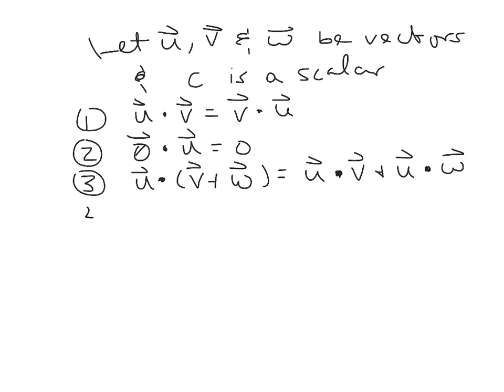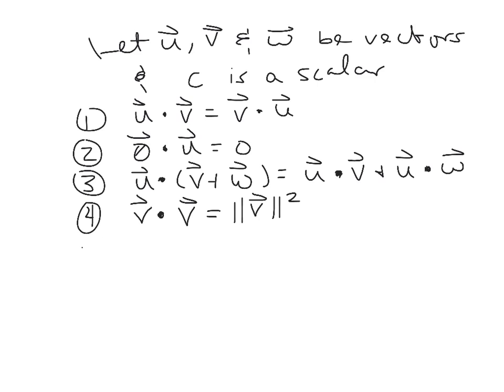Here is a nice property as well, is V dot product with itself equals the magnitude of that vector squared.